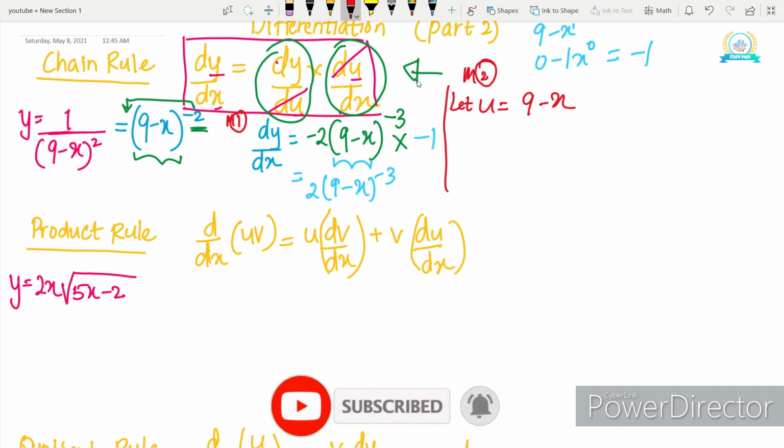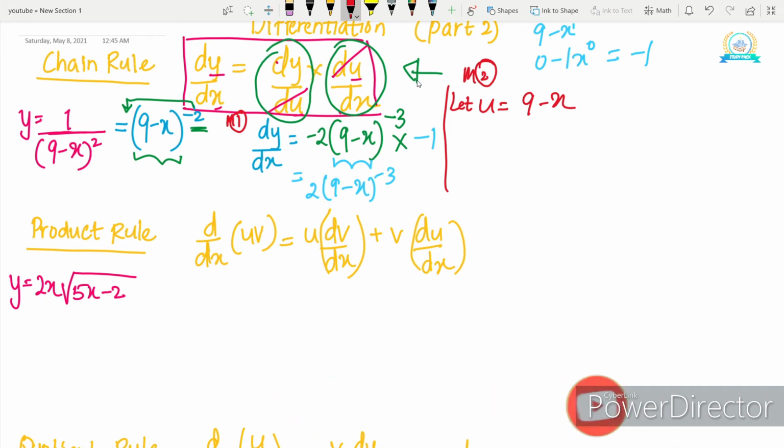If u is 9 minus x, y will be equal to u to the power minus 2, right? Then you can find dy over du. This is also an easy method, but you have to first define y. So dy over du, simple differentiation, will be minus 2u to the power minus 3.